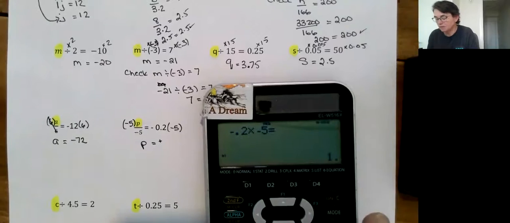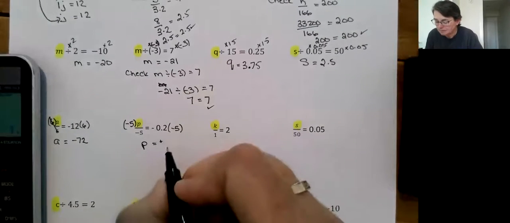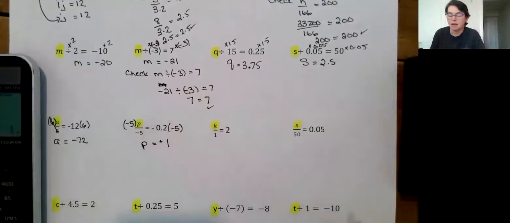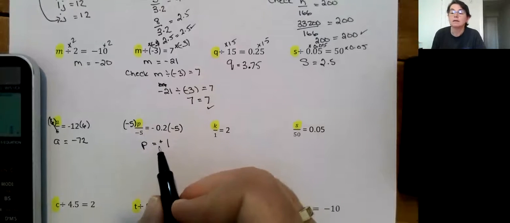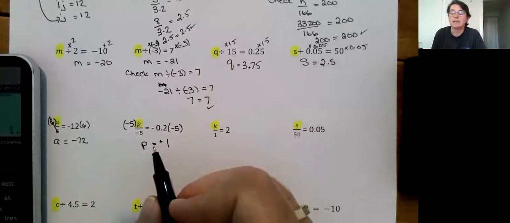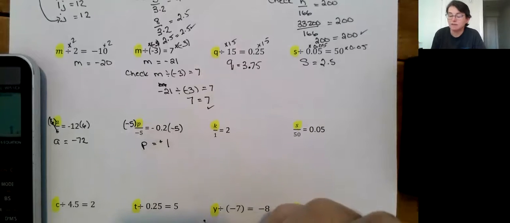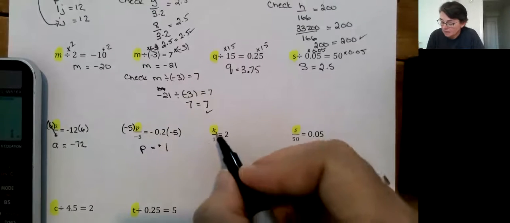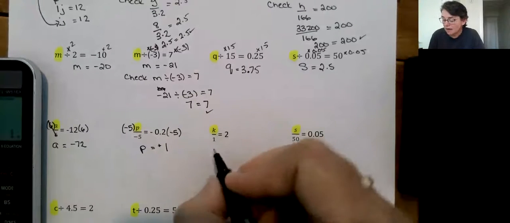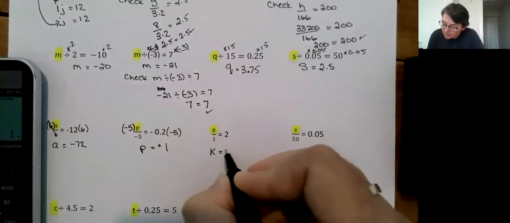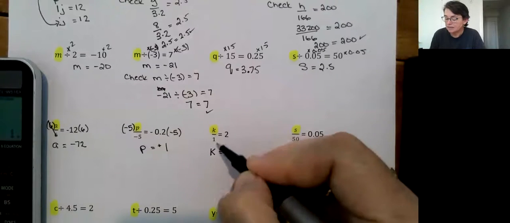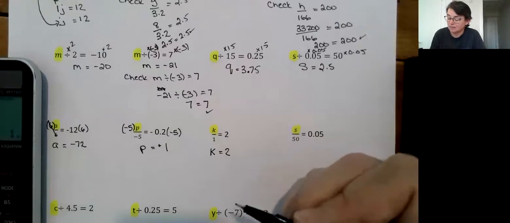Boom, it's 1 plus 1. Do I need that? No. That's an understood plus, but because I wanted to remind you that a negative times a negative makes positive, it doesn't hurt anything. Now, k divided by 1 is 2. I can simply write k is equal to 2, because anything divided by 1 is just that item.